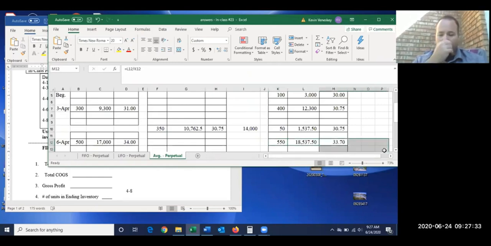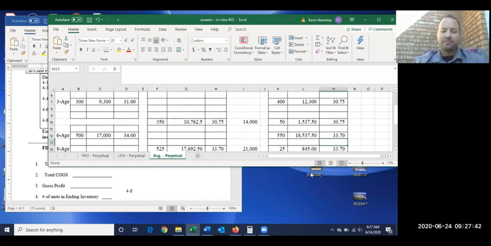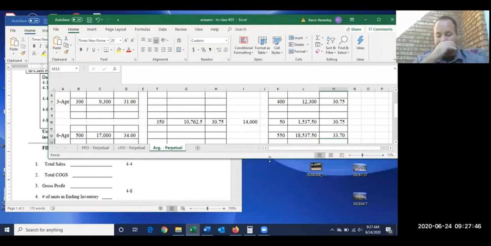And then note I get a brand new average cost, taking the price divided by my total units. Notice we're really skewed to the $34 side. We're almost up to $34. We had a few items at the cheaper product, but most of our items are of the more expensive, so that's why we're way skewed to the higher side.